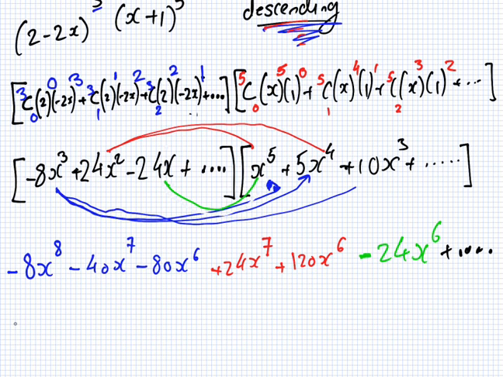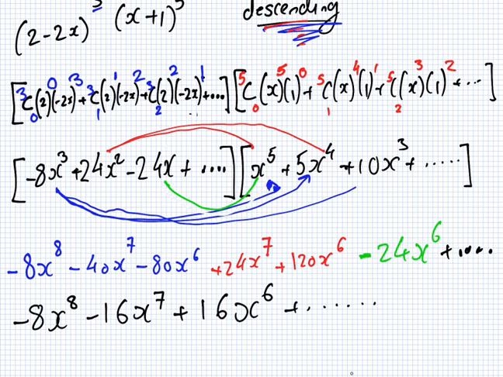So this is minus 8x^8. Minus 40 plus 24, what's that? 16. Minus 16x^7. And then minus 80 plus 120 is 40. Minus 24 is 16. Is that right? 16? Yeah, plus 16x^6. And then the rest we don't care about.